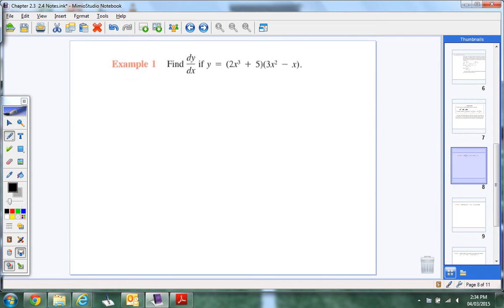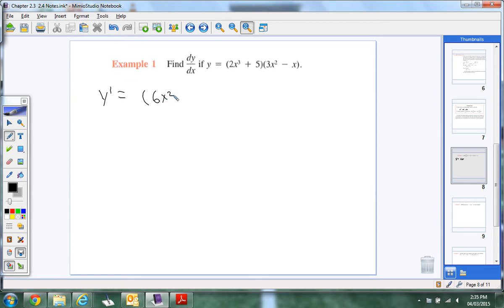These are a product. So we can't just take the derivative of the left and the derivative of the right and multiply them. You can't do that. What you have to do is recognize these as two different things. So for y prime, it's going to be the derivative of the first. What's the derivative of this? 6x squared, right?